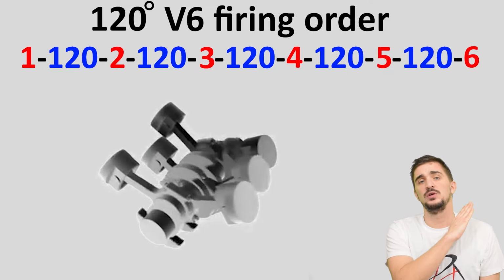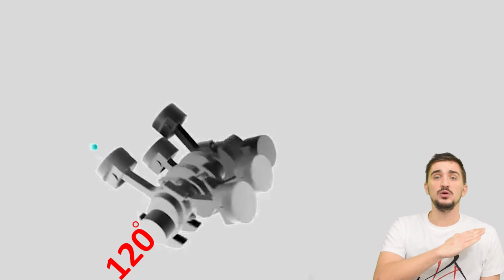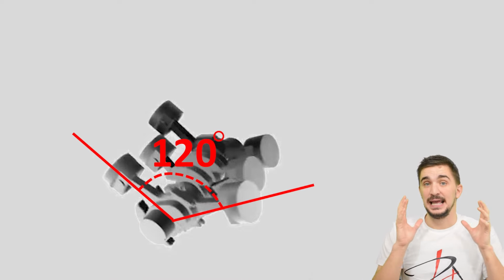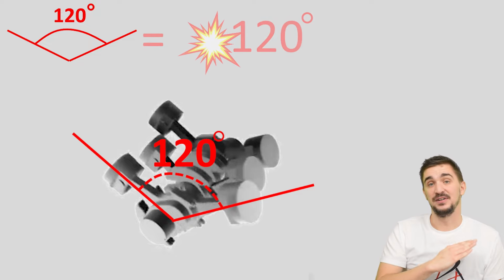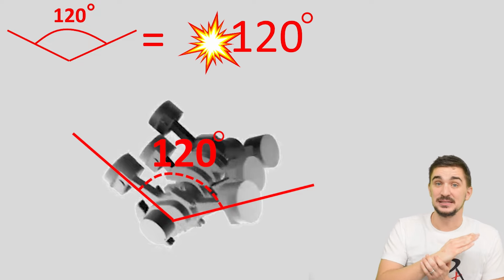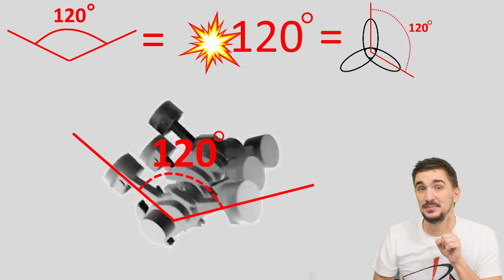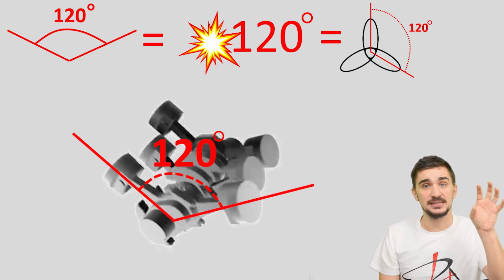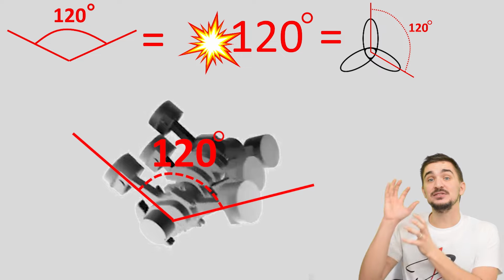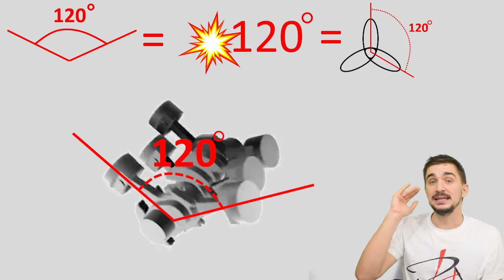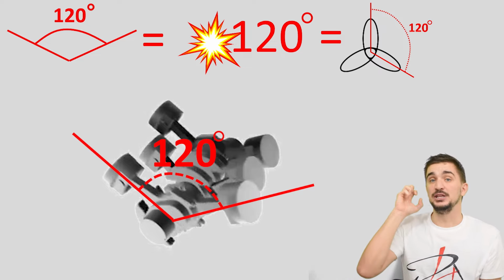And here's what we do. We fire cylinder 1, and then we rotate 120 degrees. And this is where the bank angle of 120 degrees comes into play. Because the bank angle is the same as the firing interval and the same as the crank pin separation angle, it means that once we fire cylinder number 1 and rotate the crank 120 degrees, cylinder number 2 is going to be right close to TDC, ready to be fired.